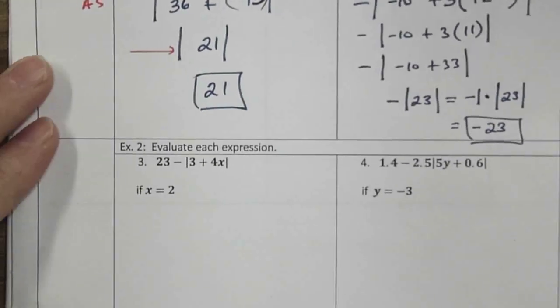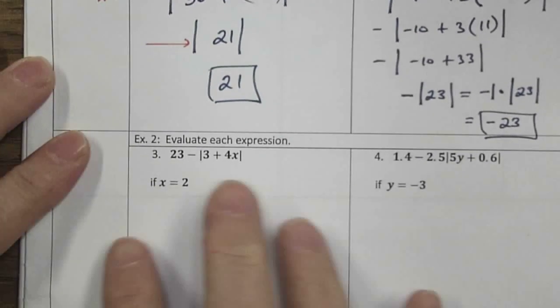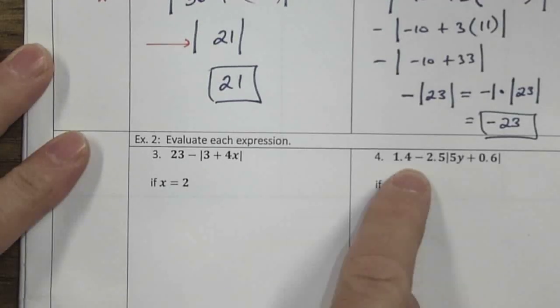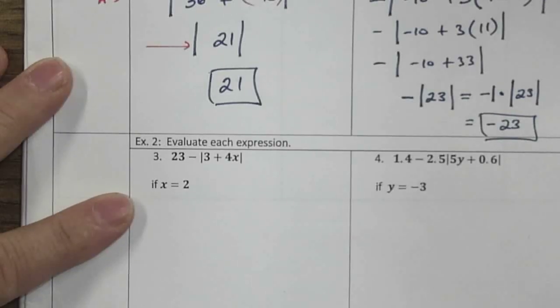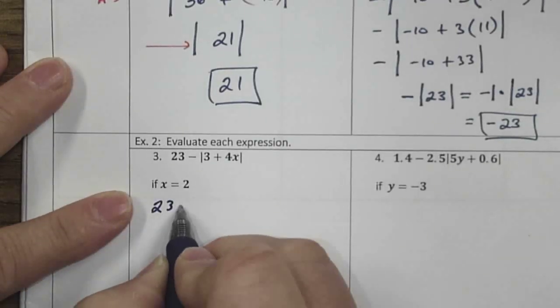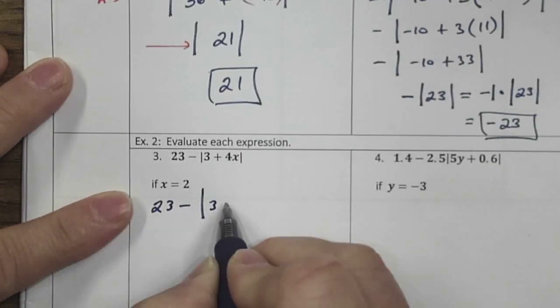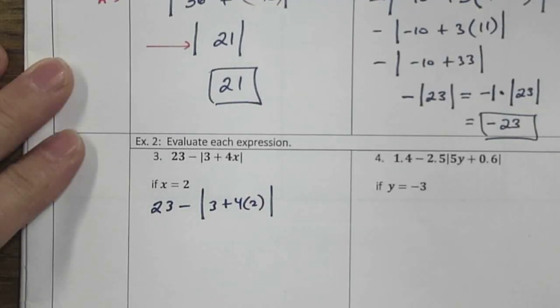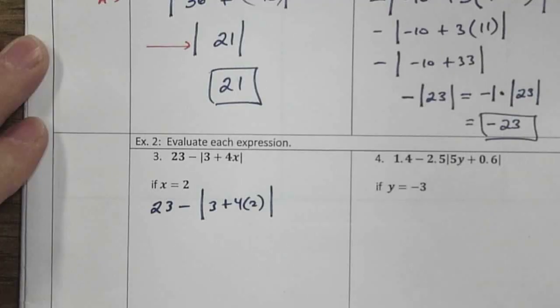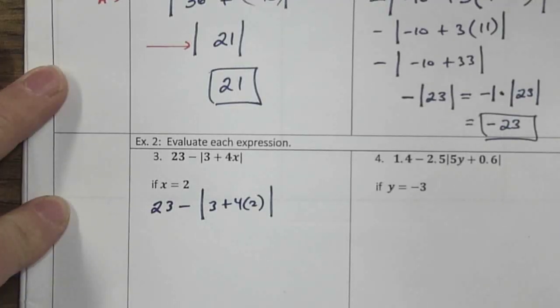Let's jump over here. I like these better, less numbers to plug in. Number 4 looks kind of ugly, some decimals, we'll have to deal with that. But let's do this here. 23 minus absolute value 3 plus 4 times 2. Okay, so absolute value is parentheses.